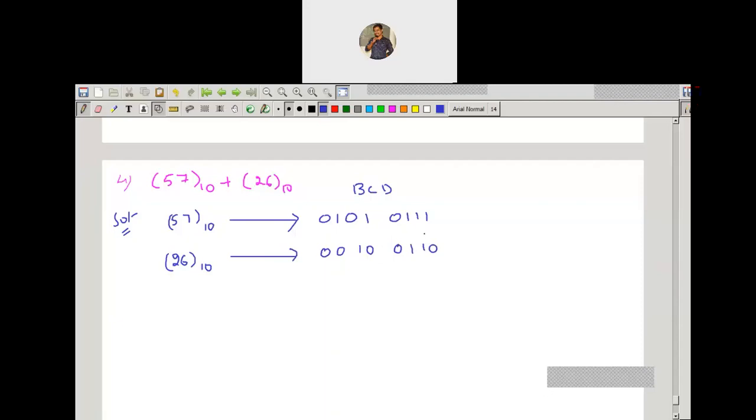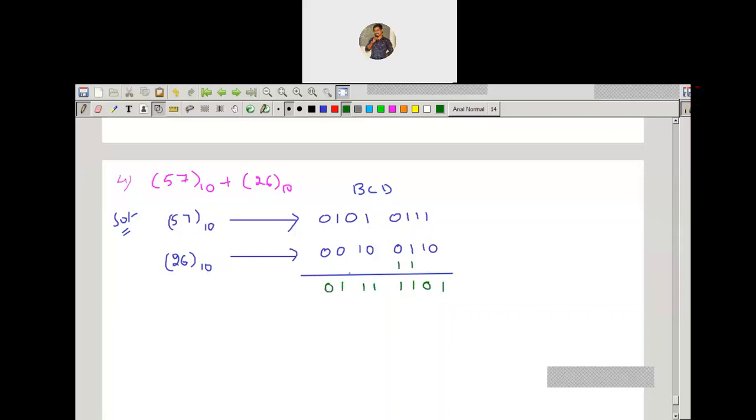Okay. Now let us go for the addition. Do the same step. 1 plus 0 is 1, and here 0 with carry 1. 0 with carry 1, and here 1 with carry 1, and here 1, 1, 1, 0.